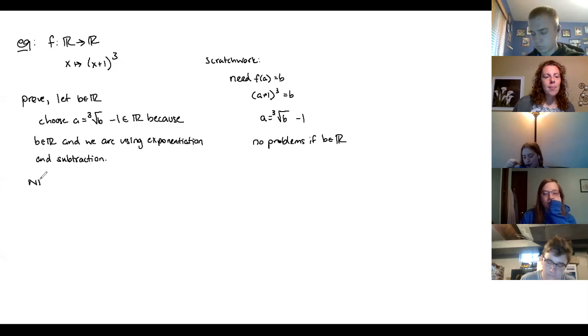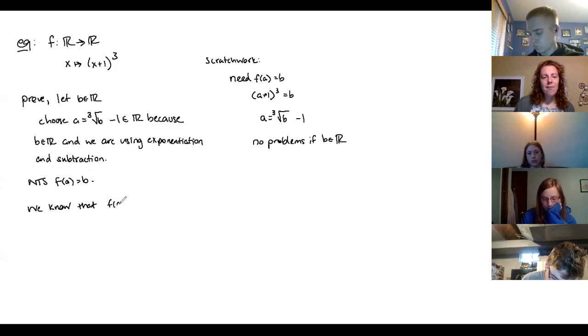And then remember, my need to show is that F of A equals B. We know that F of A is (A plus 1) cubed. So that's going to be (cube root of B minus 1, plus 1) cubed. Just plugging in what I picked A to be.